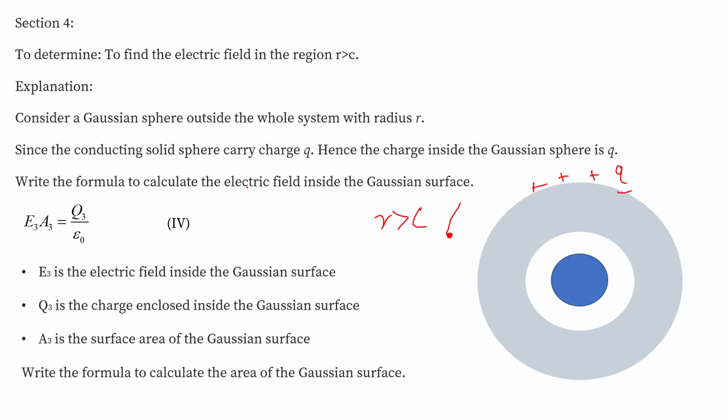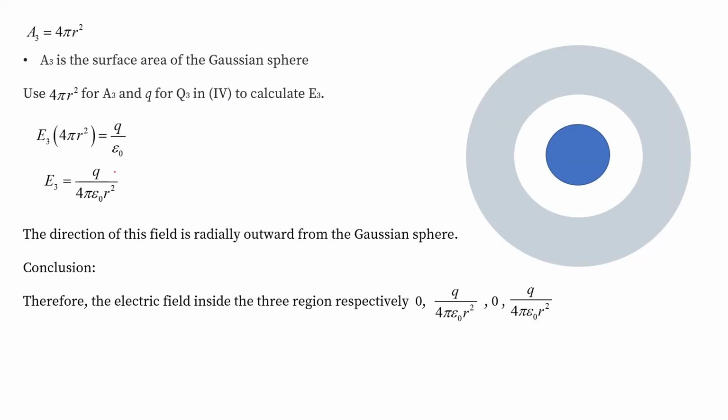So from here we can write the value of electric flux from the Gaussian surface, that is E3 into 4 pi r square equal to Q divided by epsilon naught. So the value of electric field comes out to be Q divided by 4 pi epsilon naught into r square. So here also if we increase the distance from the center, the electric field also decreases.